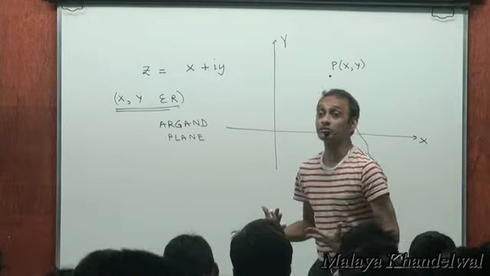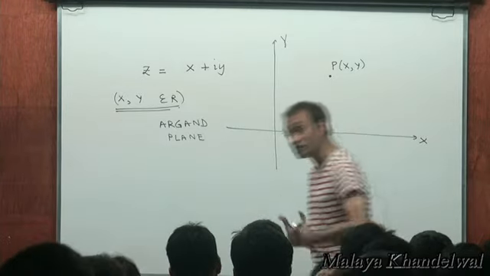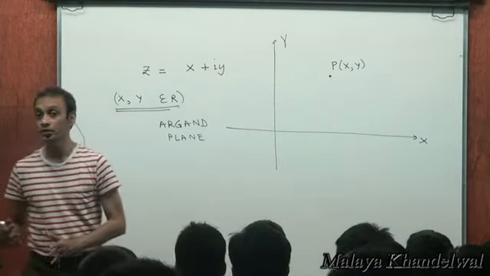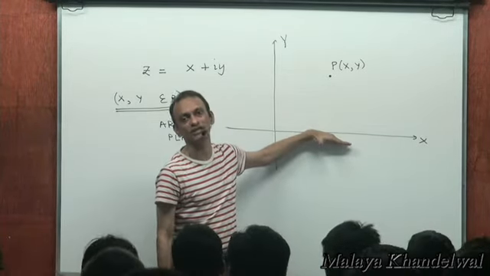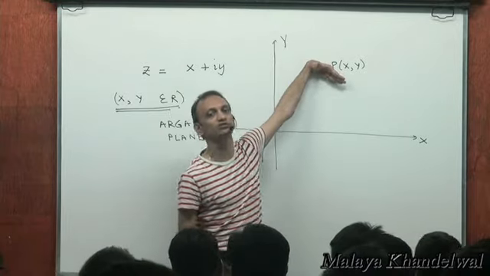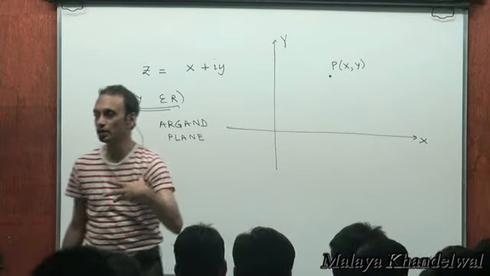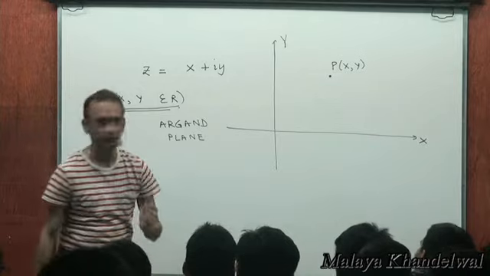The way to locate a point that represented a complex number z was, one, of course, an ordered pair x comma y. You move x units parallel to the x axis, y units parallel to the y axis, and locate the point P, right?